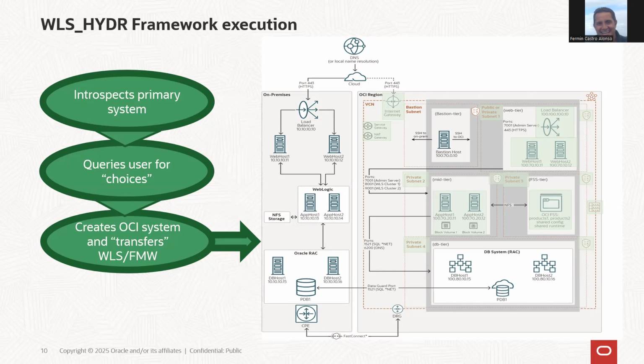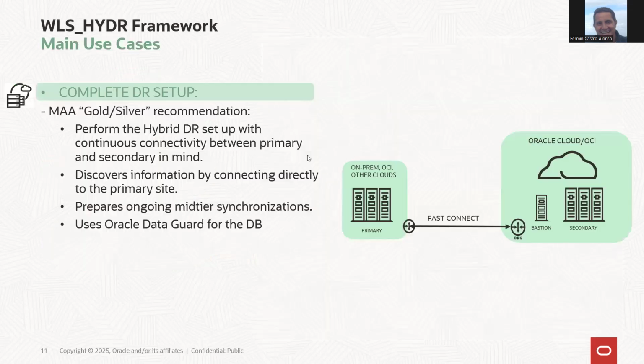After you provide those choices and feed them to the framework, we'll create the secondary system with everything that you have in light green on the right of your screen. And we'll replicate your binaries and config as they are, so that you have that exact mirror that we recommend using for disaster protection purposes.